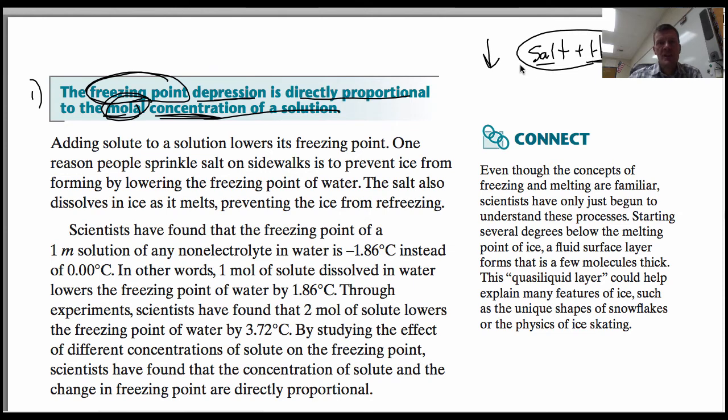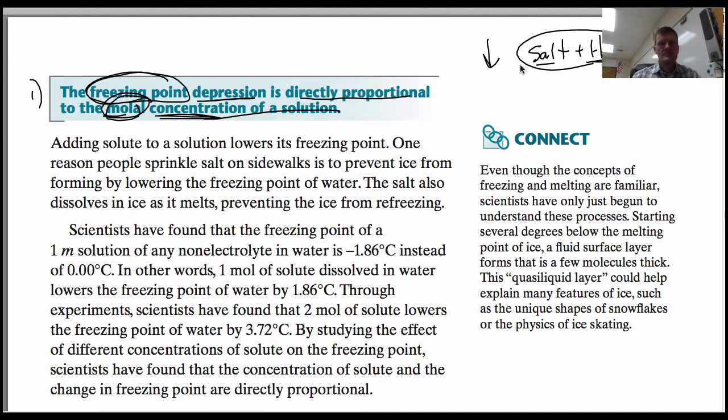A salt solution has a lower freezing point than pure water. So it has to get much, much colder in order for salt water to freeze. So we put salt on the roads so that those roads will have kind of a salt solution covering them, and that will be less likely to freeze than if it was just pure water.